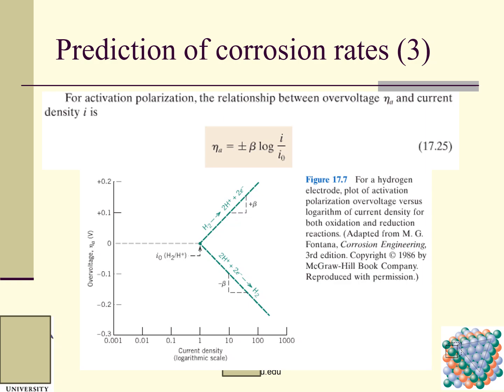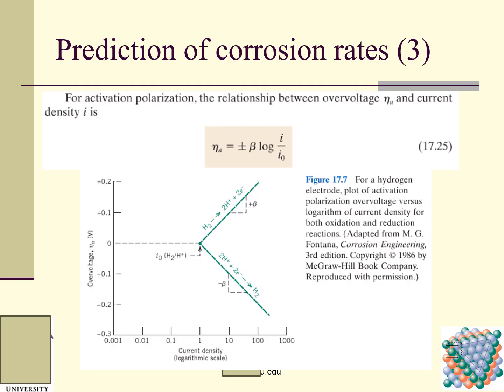For activation polarization, the relationship between overvoltage, eta A, and the current density I, the electrical current, can be described using this equation.